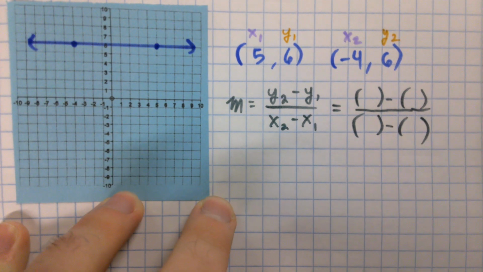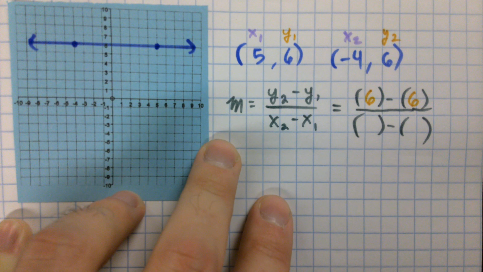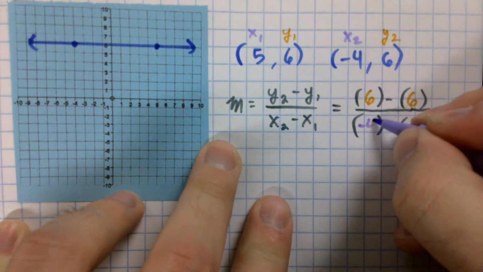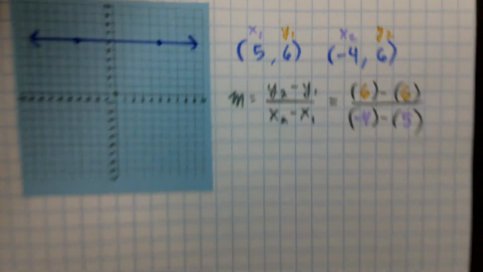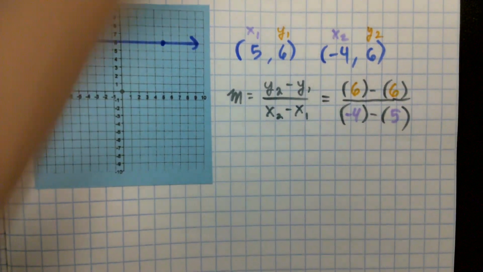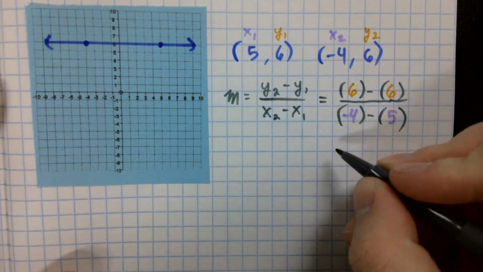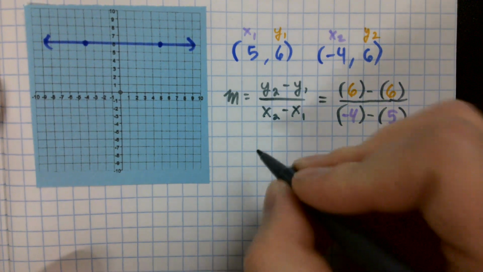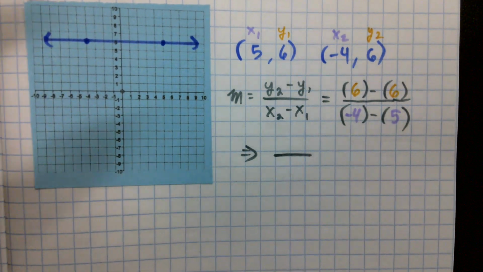So y2 minus y1, 6 minus 6 over x2 minus x1, negative 4 minus 5. All right? I'll give you guys a second to catch up to that.